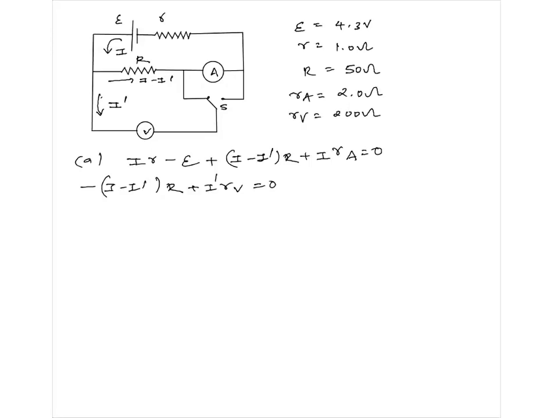You have all the numbers written here. Can you quickly solve, as quickly as possible, for I and I dash?